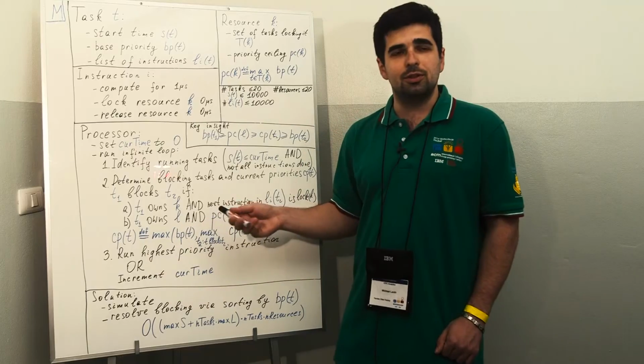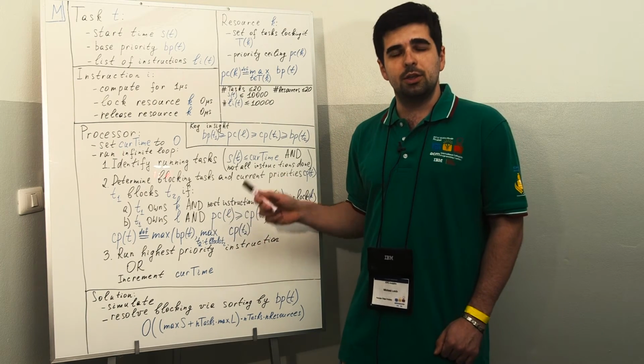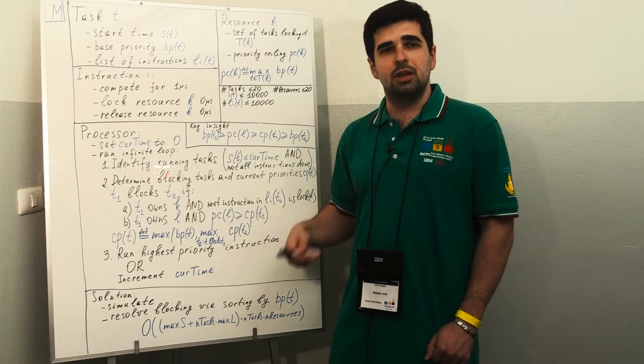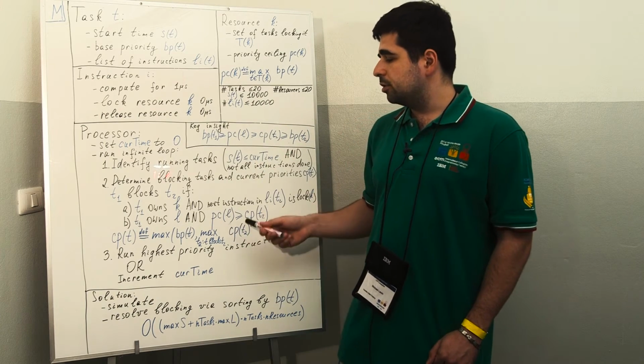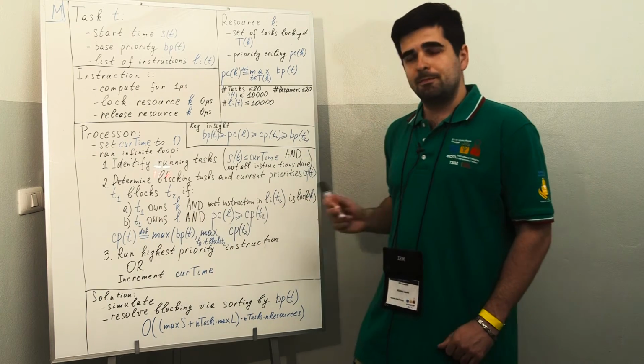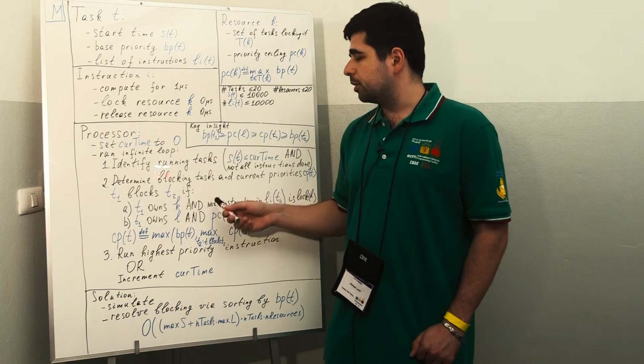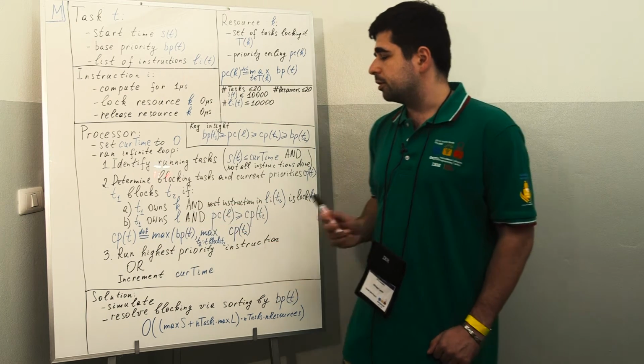So it is a kind of a circular definition, but the problem statement ensures us that we can resolve all the cycles in this definition, and there is a unique set of current priorities that satisfy these conditions. So we can uniquely define which tasks are blocking each other and what are their current priorities.